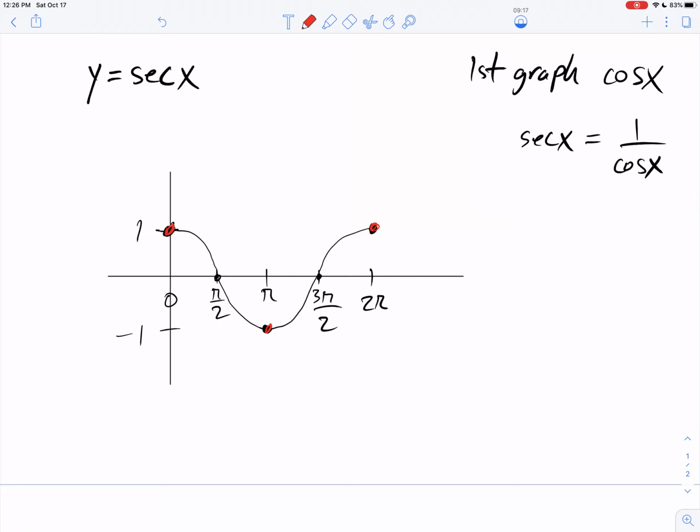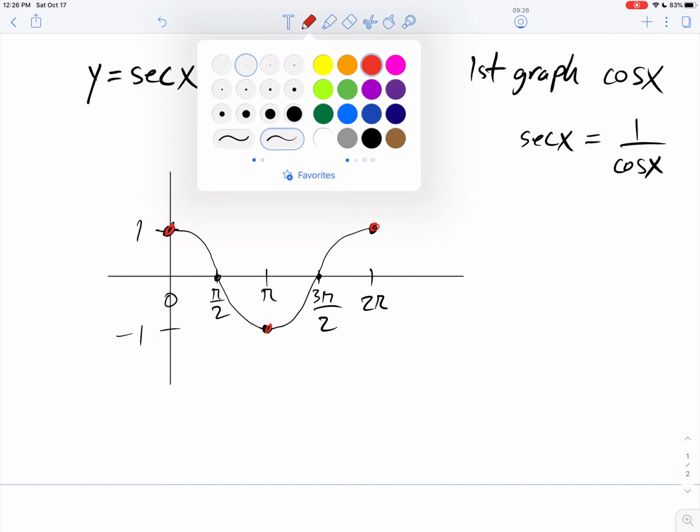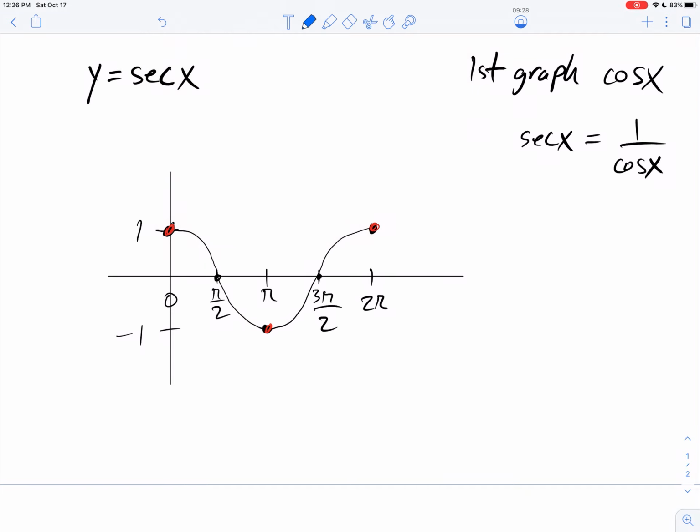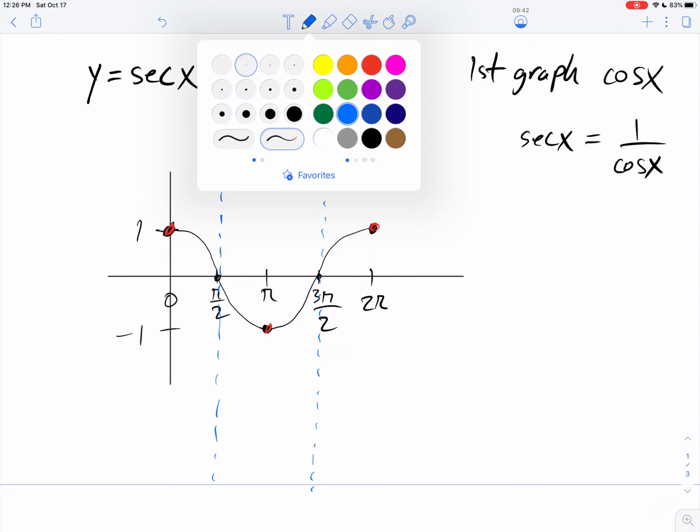But anywhere cosine is 0, secant is undefined. And if it's undefined, that means it has an asymptote there. And you're going to see a very similar situation that you just saw with the first one we did, the cosecant. Guess what? I'm going to grab a red pen.